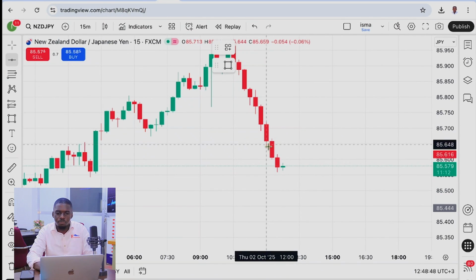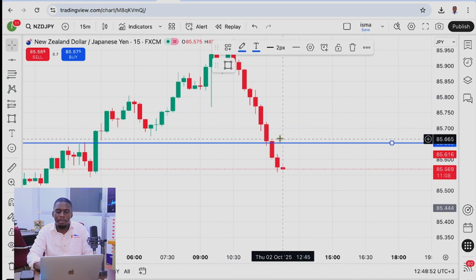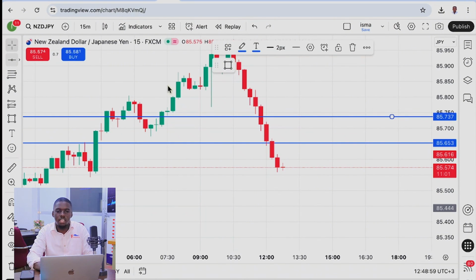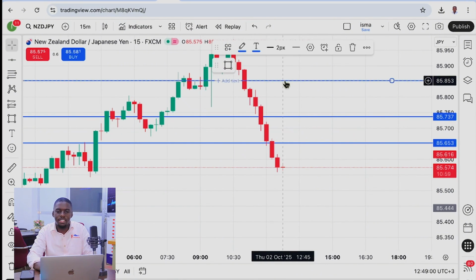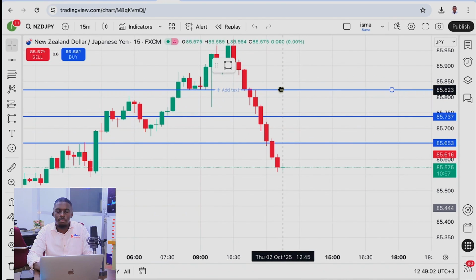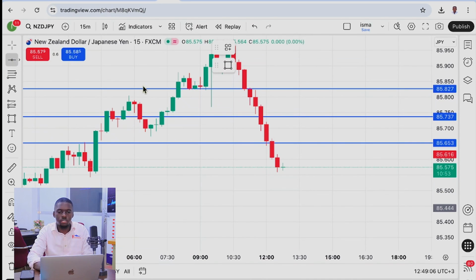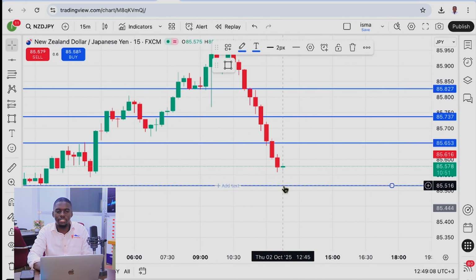Above this, every 20 pips, I'll put a buy order. You can put pending buys up somewhere. Then down you can say I'll put pending sell orders.